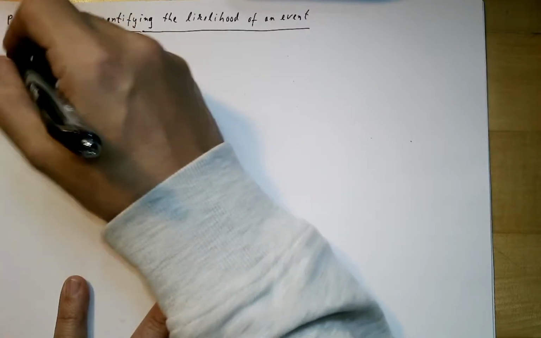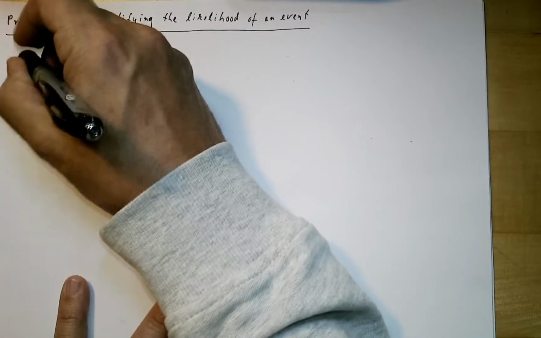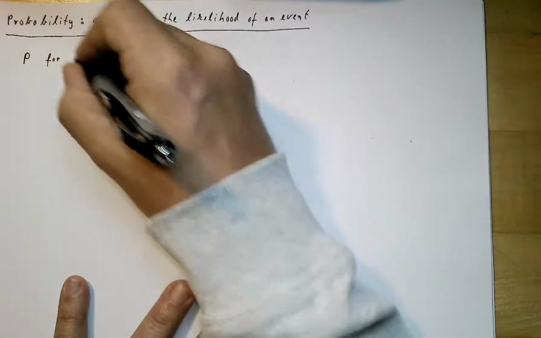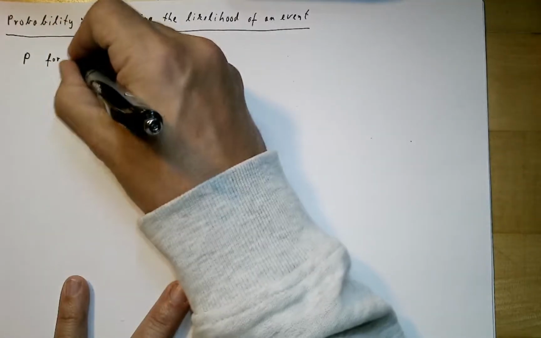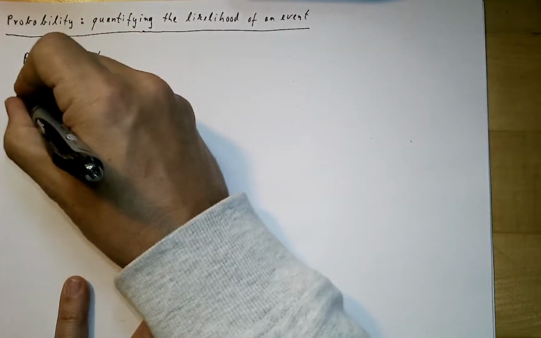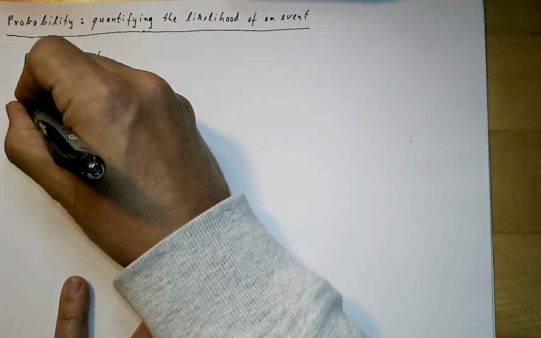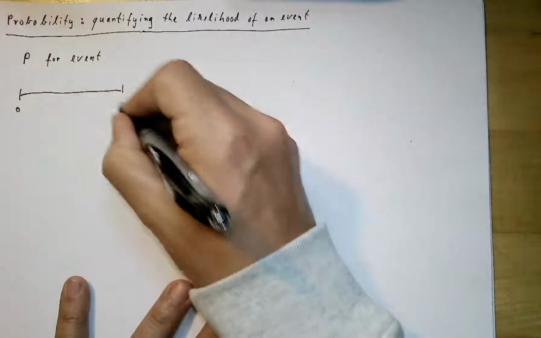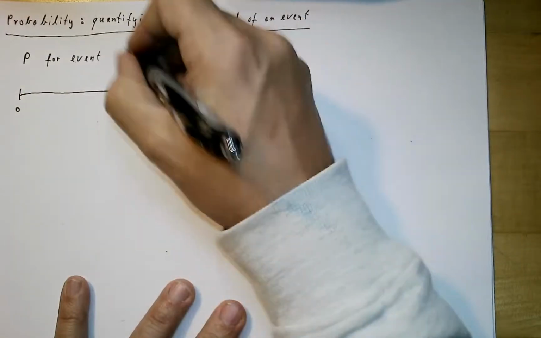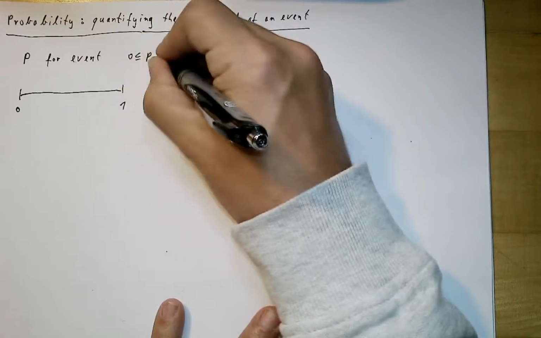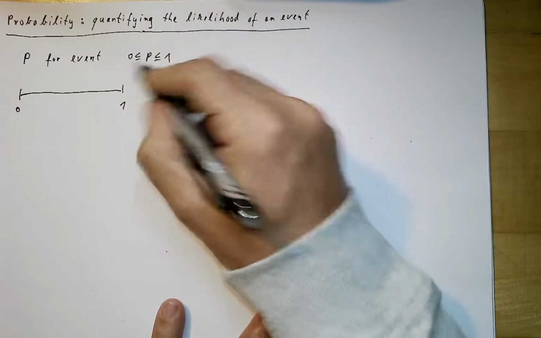So we want to give the probability P for an event, and we want to do this on a scale between 0 and 1. So we want that P is bounded between 0 and 1.